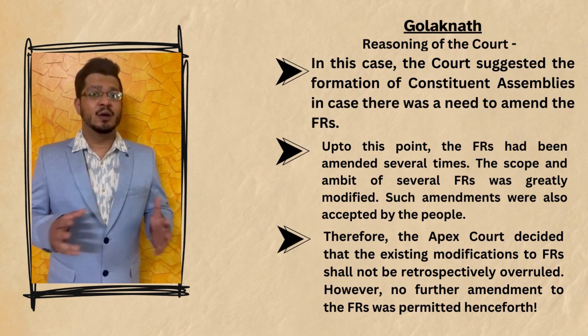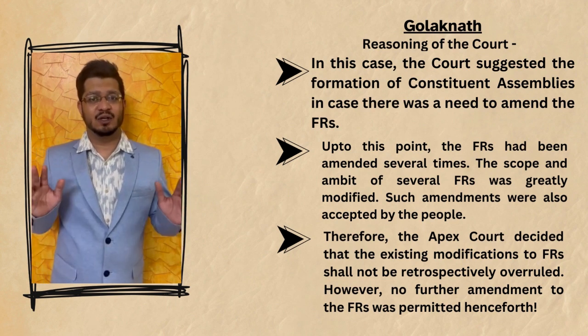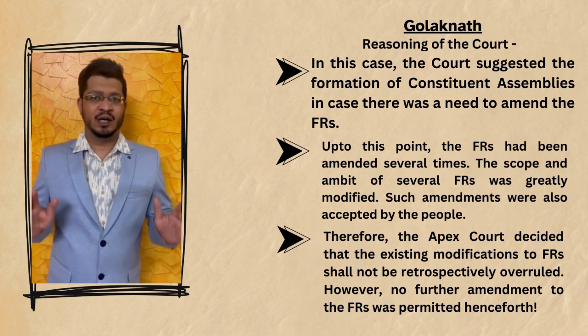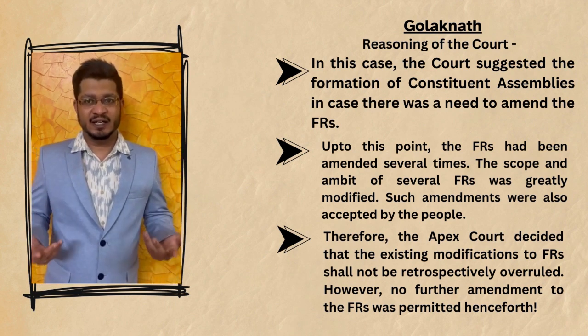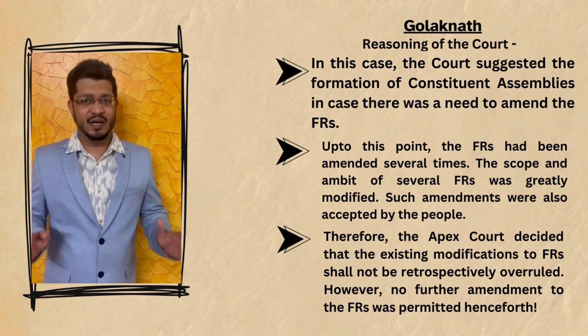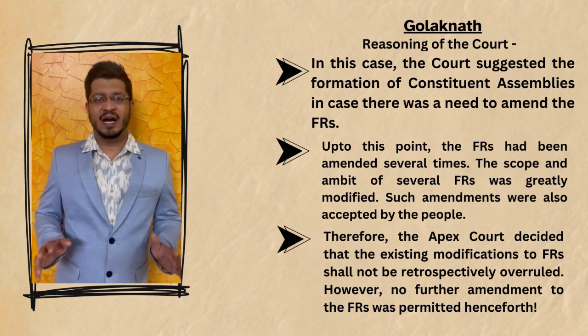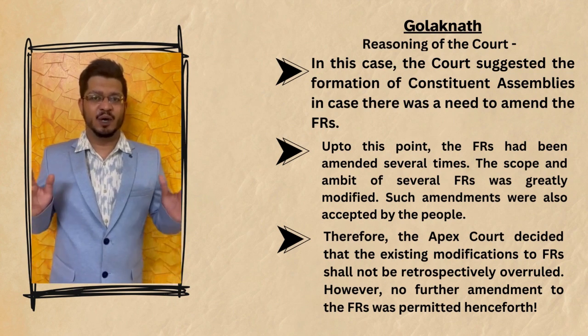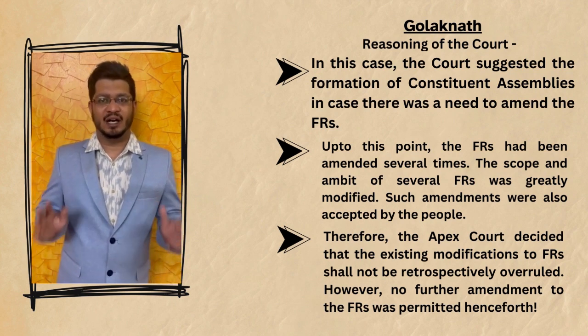had been greatly modified since enactment of the Constitution in 1949. Such amendments were in favor of the agrarian reform which was being implemented all over the country, and most of the people of India had accepted these modifications to fundamental rights.